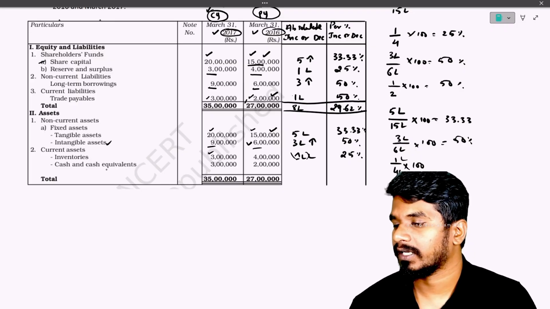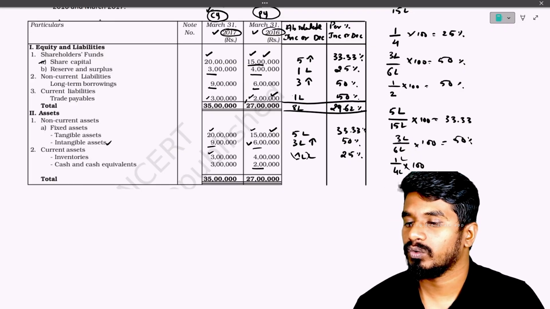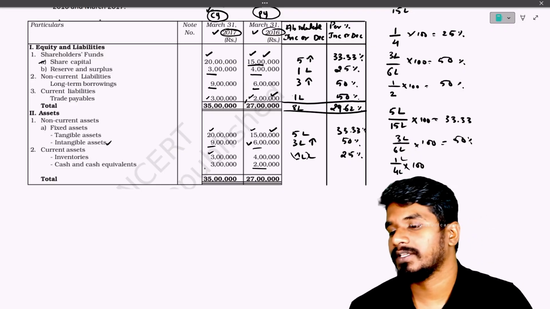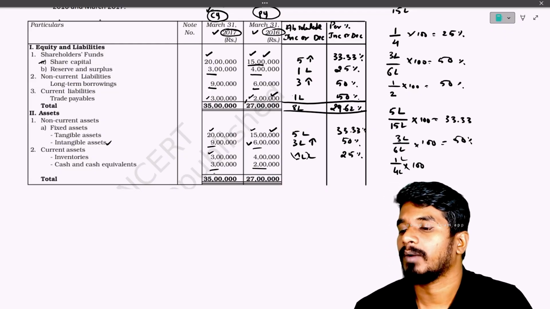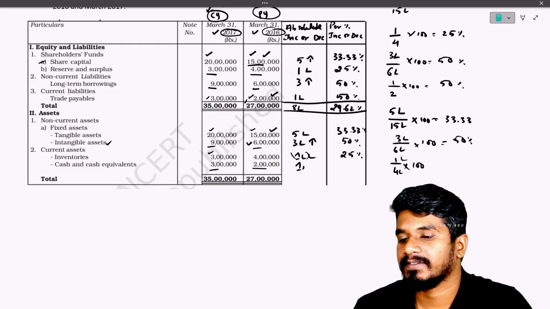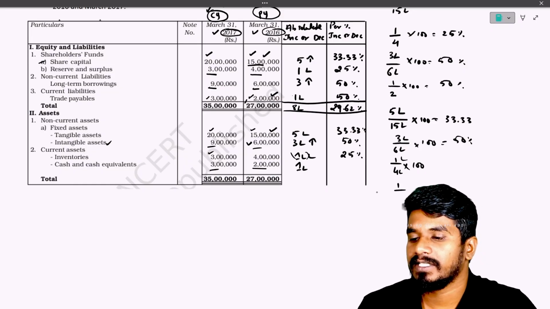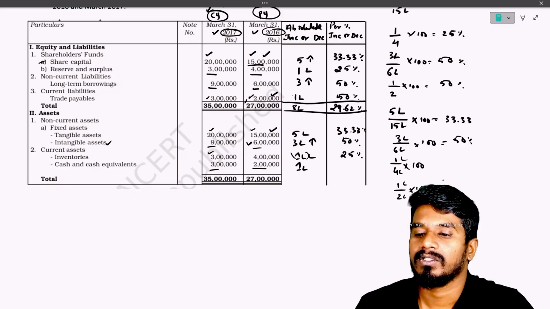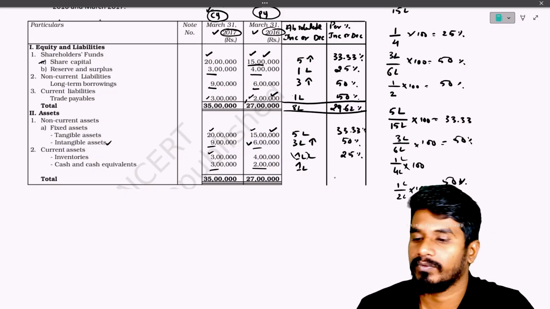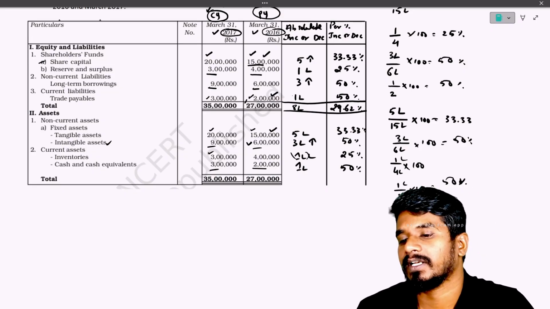So here for cash and cash equivalents, we have 2 lakhs, and it raised up to 3 lakh. That is 1 lakh is the change divided by what is the base year amount, 2 lakh into 100. So obviously it will come out to 50 percentage, right?